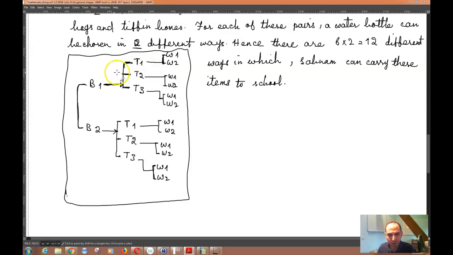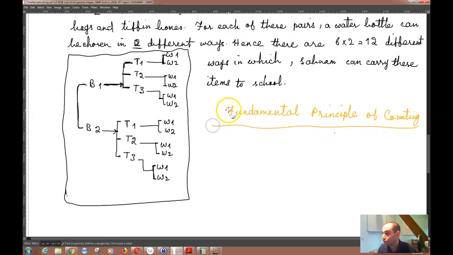All along, as we were solving this problem, we were actually applying the fundamental principle of counting, or simply the multiplication principle.